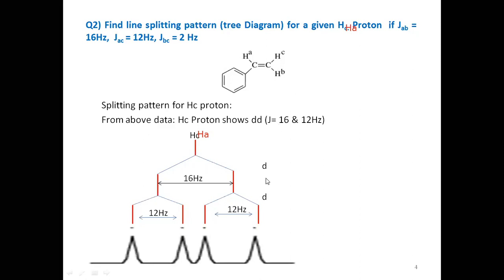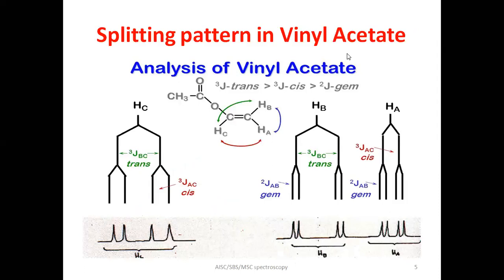Any question in this? No, sir. Okay, so we are moving on quickly. As a reference, this is the analysis of vinyl acetate, or the splitting pattern in vinyl acetate.